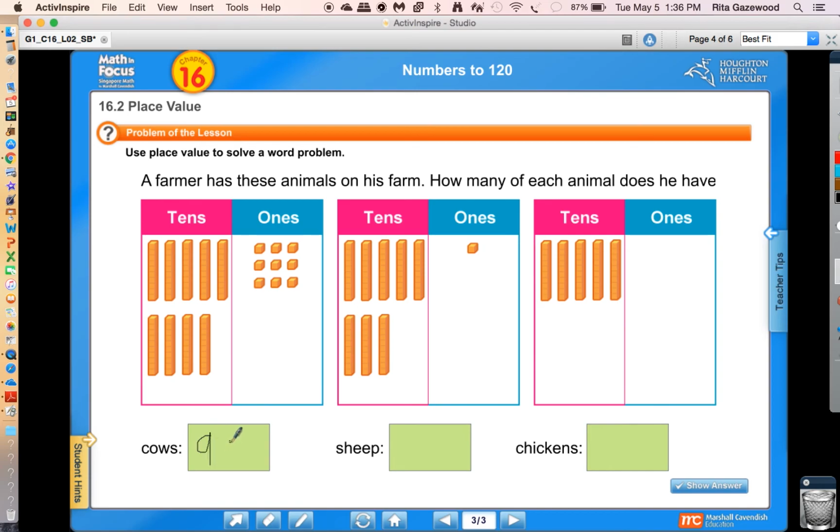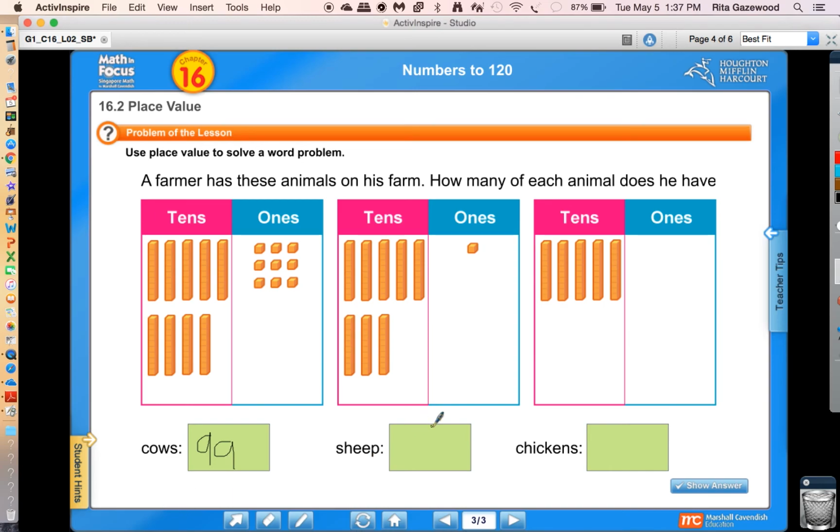That is a lot of cows. We want to check our number. Do we really have 9 tens? 1, 2, 3, 4, 5, 6, 7, 8, 9. Yep, that's right. What about our ones? 1, 2, 3, 4, 5, 6, 7, 8, 9. 9 ones, which makes the number 99.